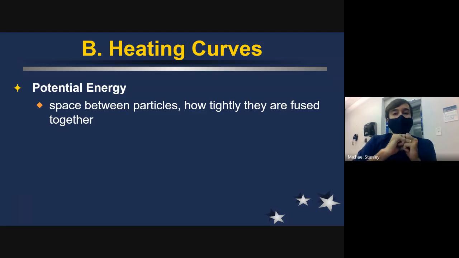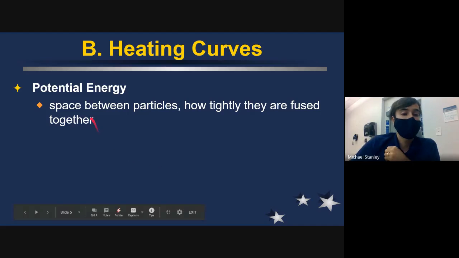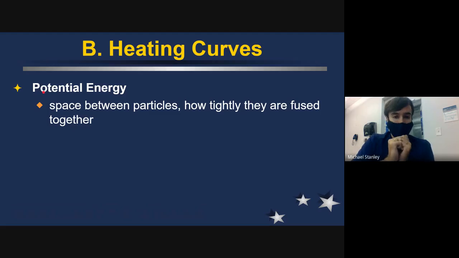Whereas kinetic energy refers to how fast the particles are moving, potential energy refers to how close the particles are together. So how tightly those particles are fused together, that is their potential energy.